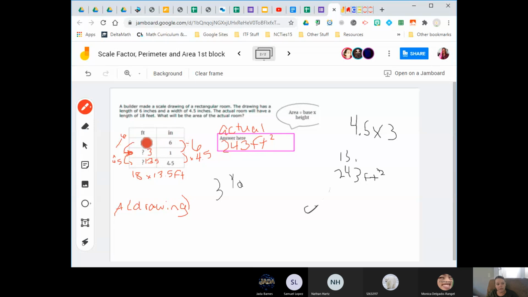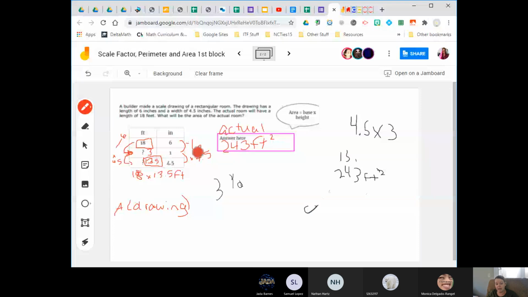So Yariel, we took this right here, so the length of the room, times the width of the room, so 13.5, and we found what the area would be. So 18 times 13.5 gives me 243 feet, okay?